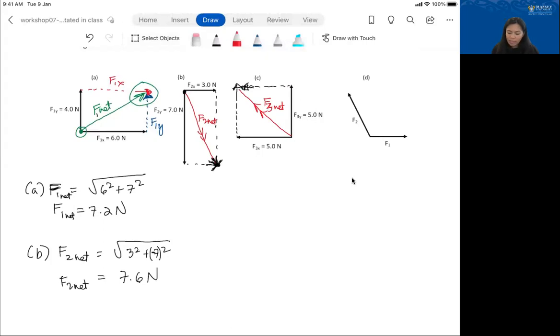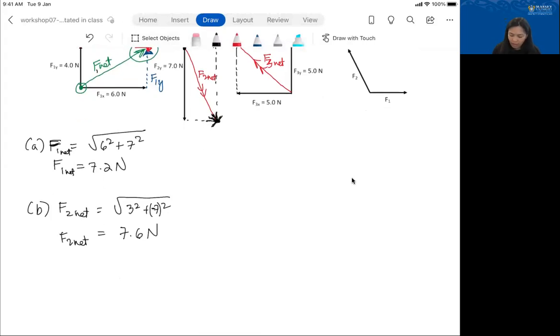Once again, you can get the magnitude using Pythagoras theorem. I'll just set up the equation, 5 squared plus 5 squared, and you can do the calculation. It's easy, 7.1 newtons, I think.